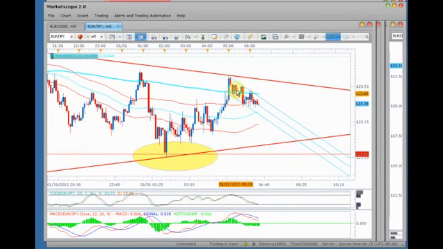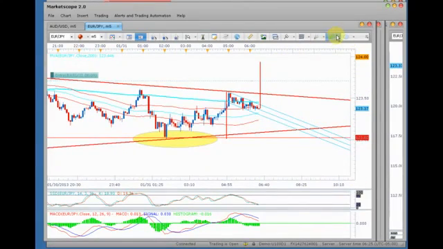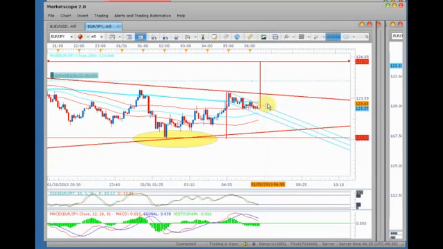Even if you took this as your flagpole from here to the low there, I'm looking for a breakout. Could be wrong, but I'm looking for that flagpole to run back up here to this 2394 area. Oh, I have my entry order there. That's right.